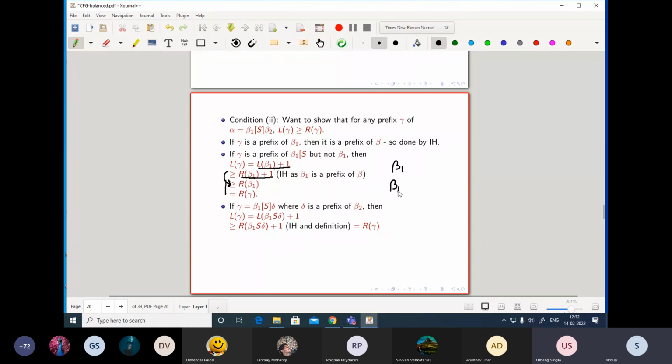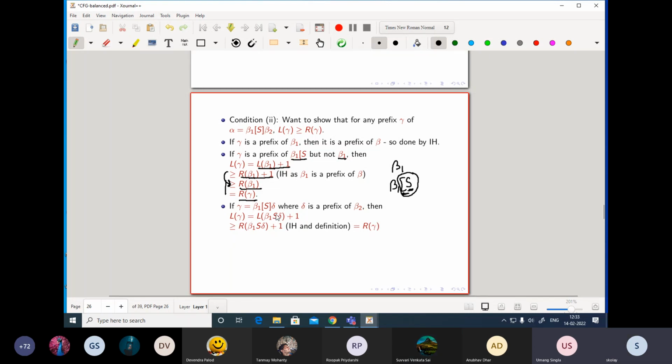Gamma is a prefix of beta 1 left bracket S. So notice that whatever is added after beta 1 does not have any right bracket. This is just one left bracket and one non-terminal symbol. So therefore the number of right brackets in beta 1 is equal to the number of right brackets in gamma, no matter what gamma is, in this particular case, because I am considering gamma to be a prefix of beta 1 left bracket S, but not a prefix of beta 1. So it will contain something from left bracket and S. Okay, got it.